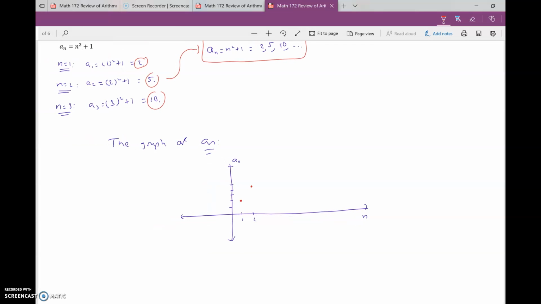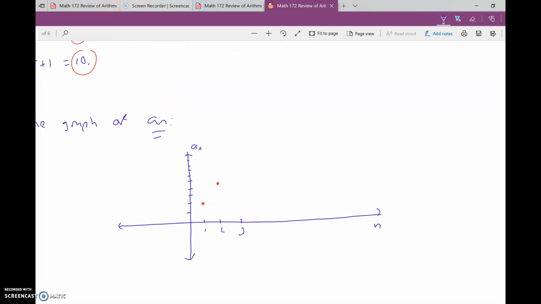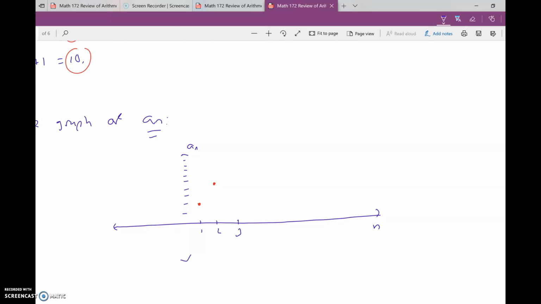And then the next one at 3, so this is 3, and then our y value was 10, so 1, 2, 3, 4, 5, 6, 7, 8, 9, 10. Let me adjust it. And this is 1, 2, 3, 4, 5, 6, 7, 8, 9. 10 is about there, so about here.